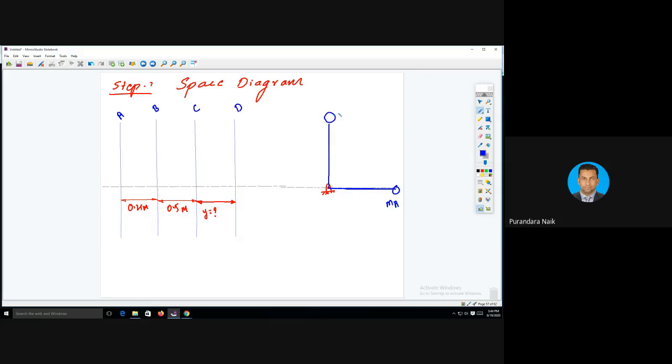So this is MC. Angle between MA and MC is 90 degrees. That is given. Whatever the mass or the angle, you take that mass first. After that, angle between MA and MD is unknown. Angle between MA and MB is unknown.